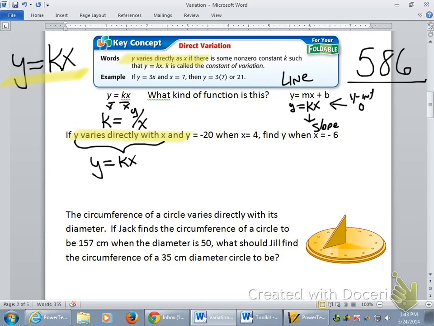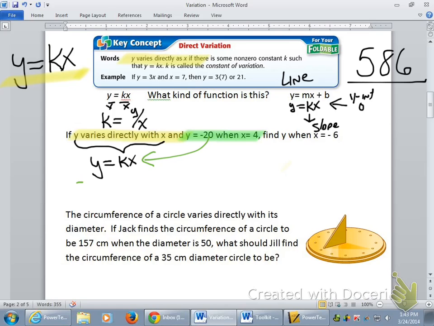Now, the second part of the sentence says y equals negative 20 when x equals 4. Well, what they're trying to tell me there is I can plug those in and I can actually find k. So let's plug in what they've given us.